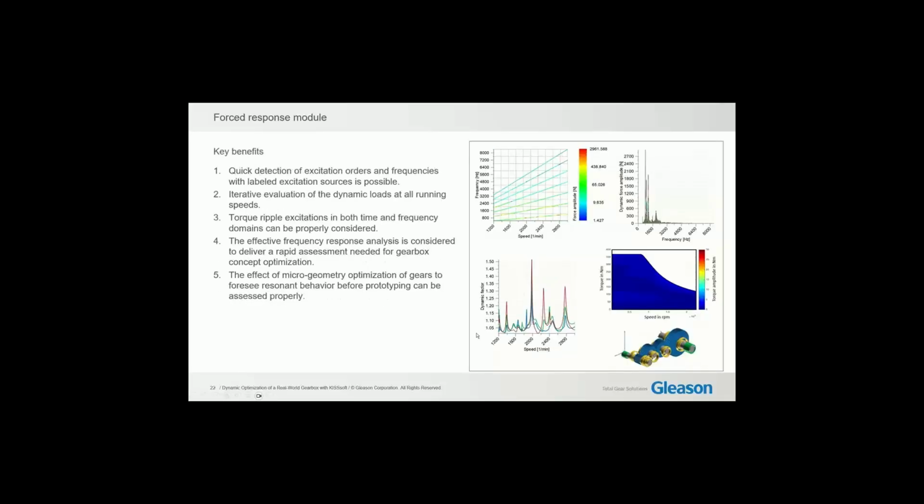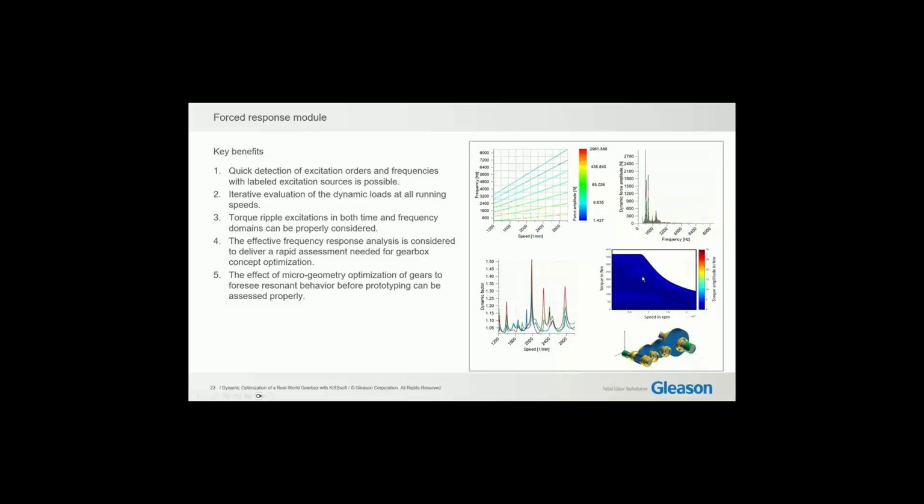The key benefits of the force response, based on the formulation that we use, are that we can quickly and easily detect the excitation orders and frequencies. This is very important, especially in diagnosing systems, and the calculation is done iteratively for all running speeds. For the torque ripple excitation, we can include either time input parameters or frequency.